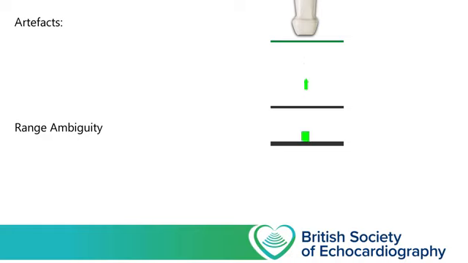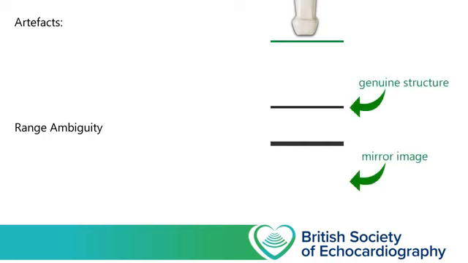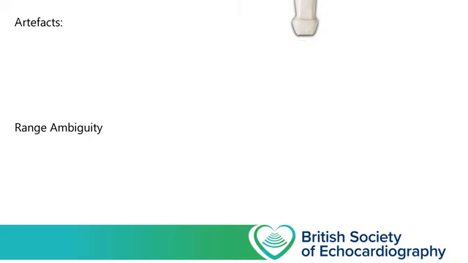That energy has then travelled 12 cm to the second line, 2 cm up to the first line, 2 cm back down to the second line, and 12 cm back to the probe. Total distance travelled 28 cm, and therefore the ultrasound software displays a structure, a mirror of the first line, 14 cm from the probe. It shows the first line being exactly as far away from the second line, but now in the far field rather than the near field.